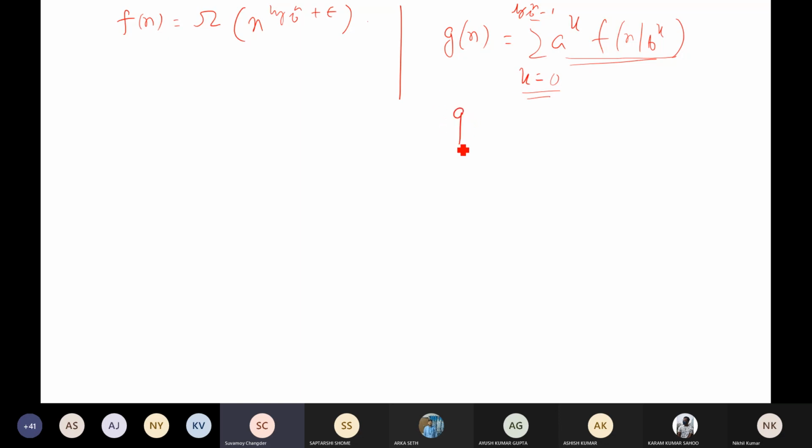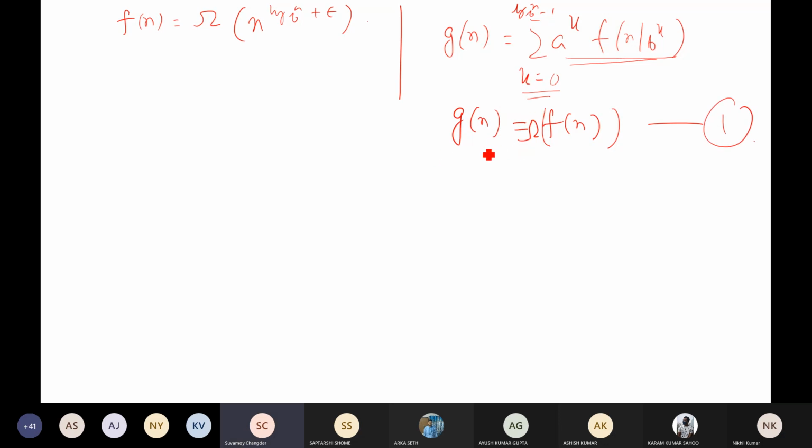What is the lower bound for g of n? For k equals 0, that is equal to a to the power 0 f of n by b to the power 0, which is f of n. So we can write the lower bound for g of n is f of n. We are giving this value as 1.